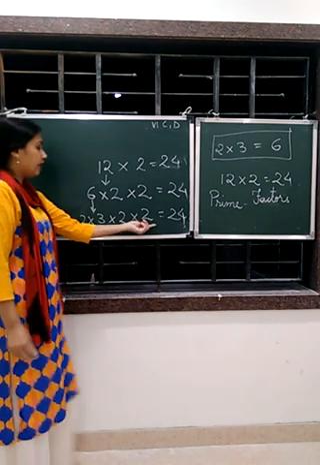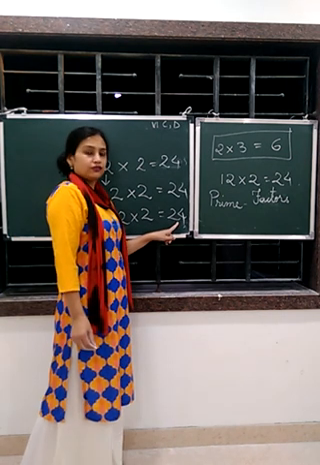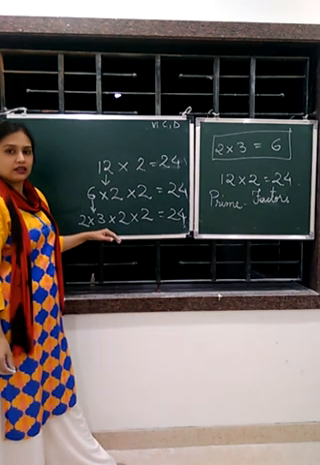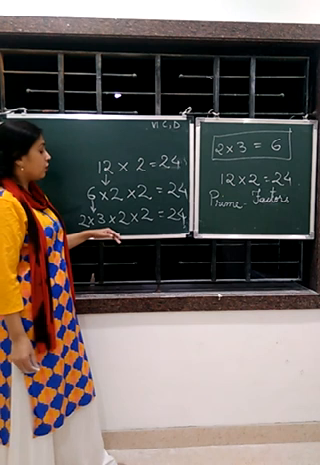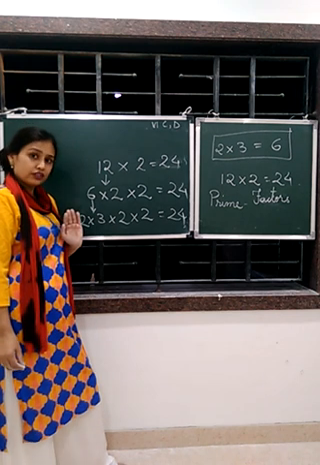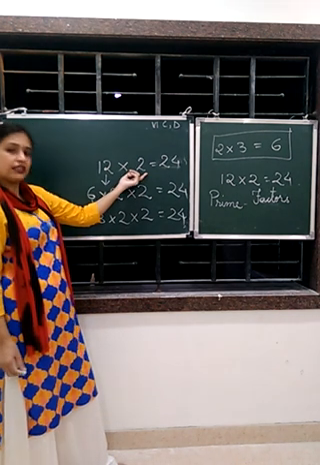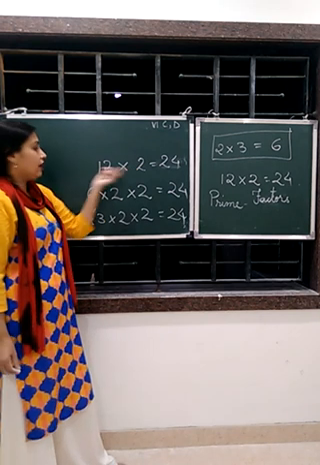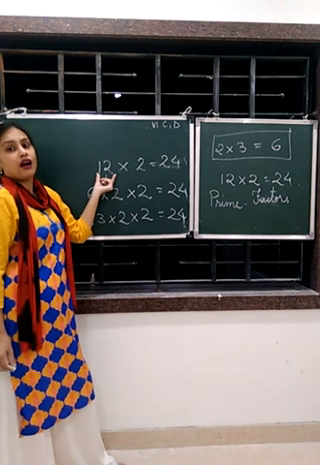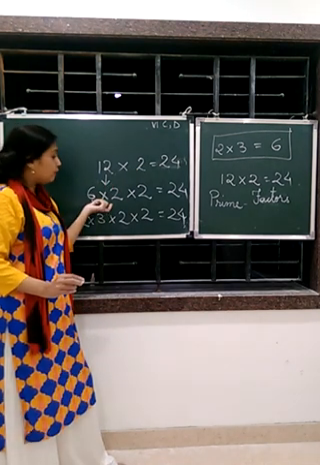So this is the prime factorization of 24. So this is how we find the prime factorization of 24. We find the factors only, children. We find actually the factors only. But we convert our factors into prime numbers.